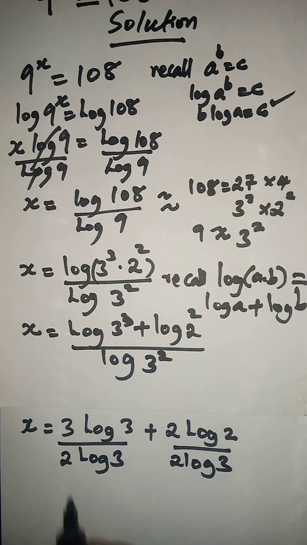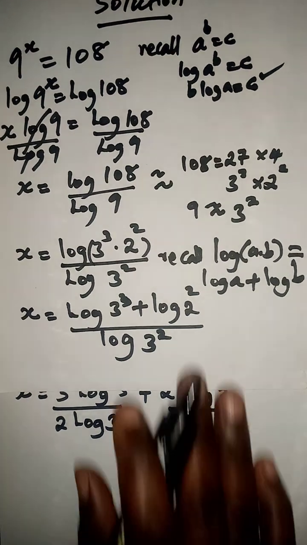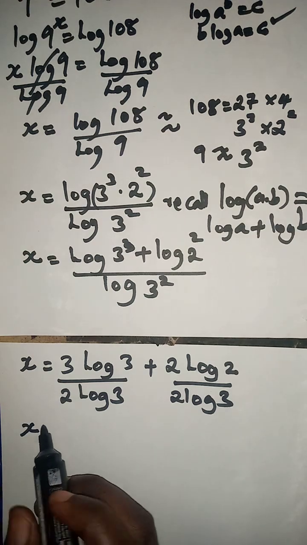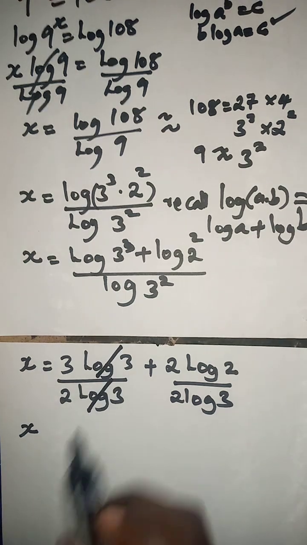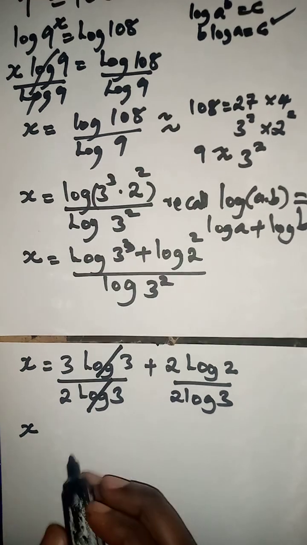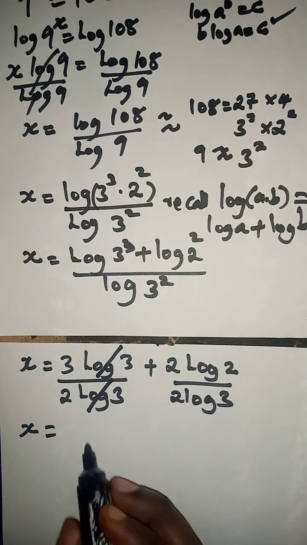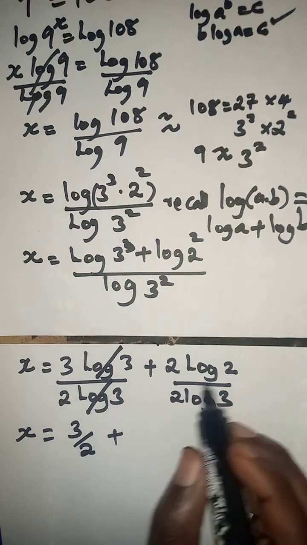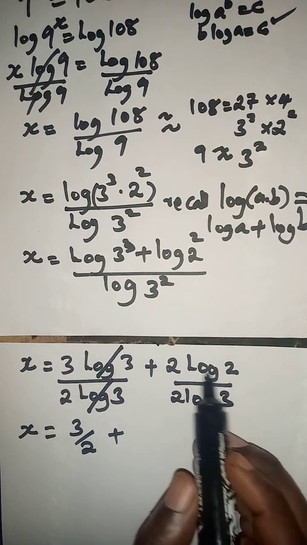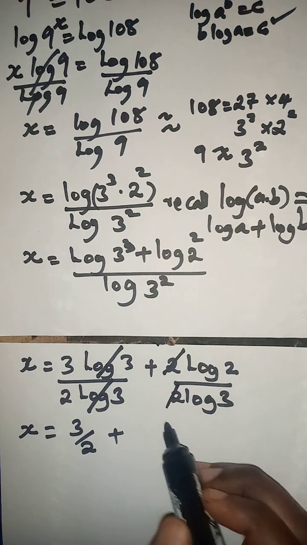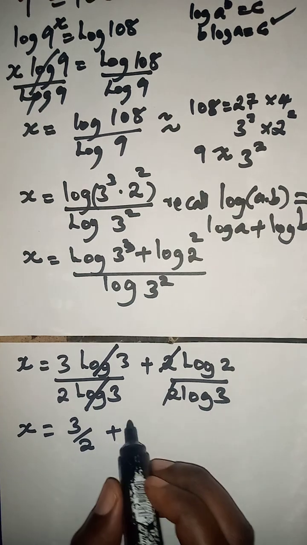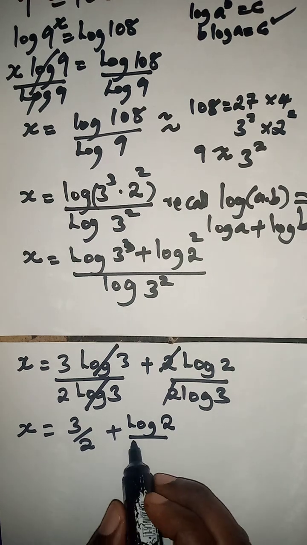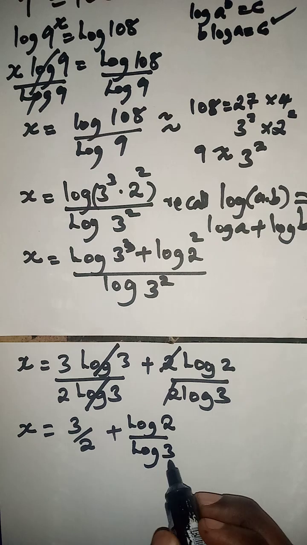So for me to have x, I'm going to cancel this and this, so that x now becomes 3 over 2 plus, on this side, this 2 can go with that 2, so that I remain with the log of 2 divided by the log of 3.